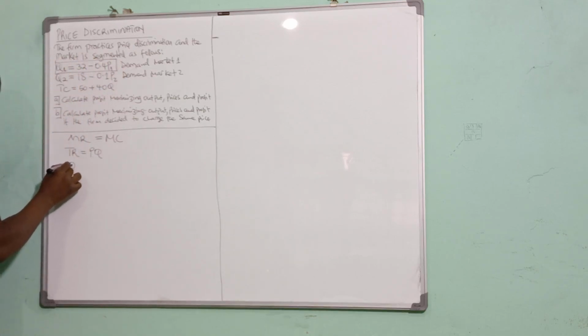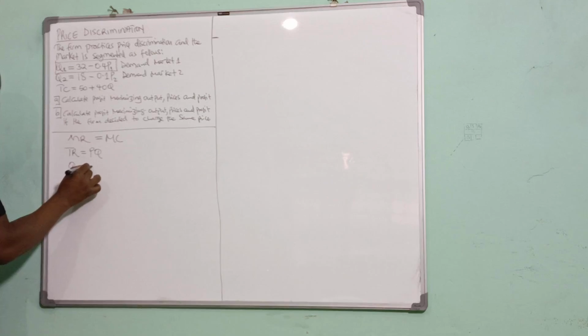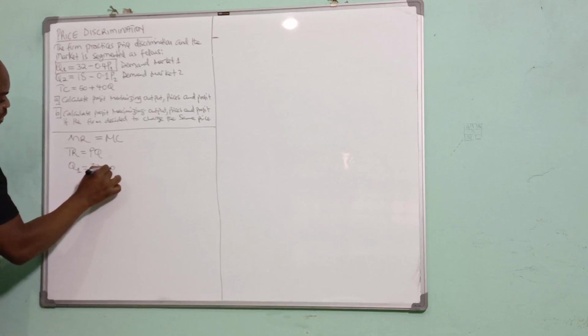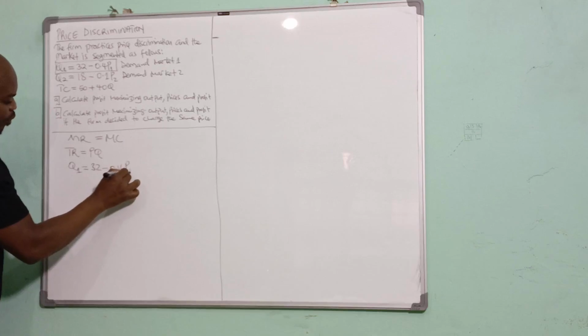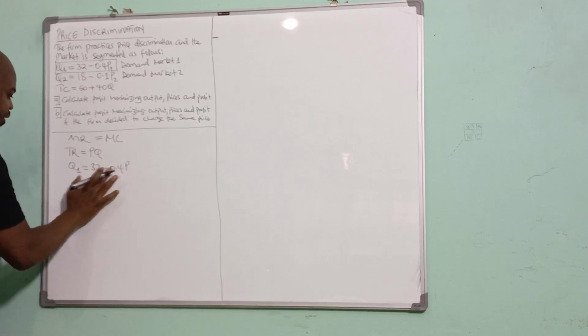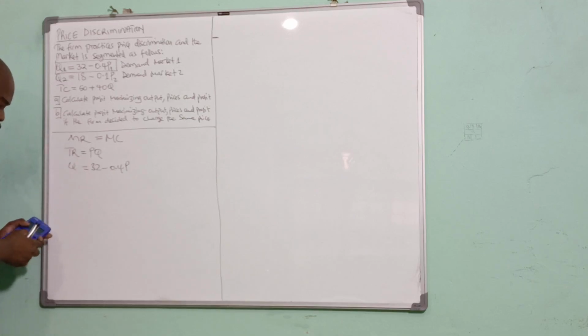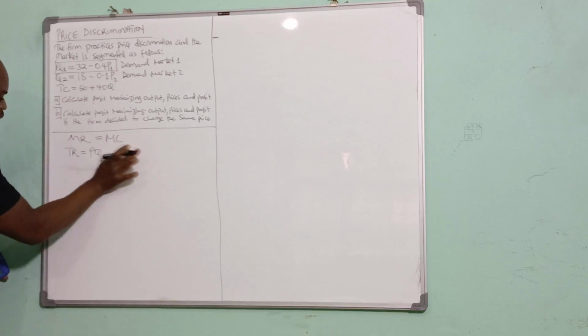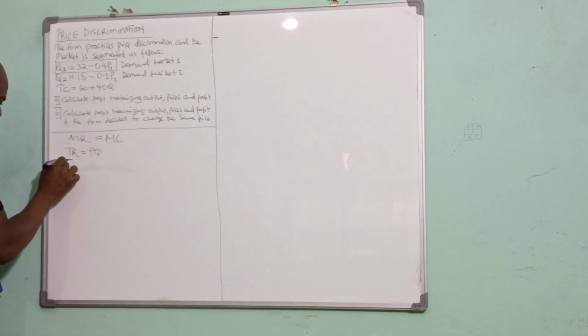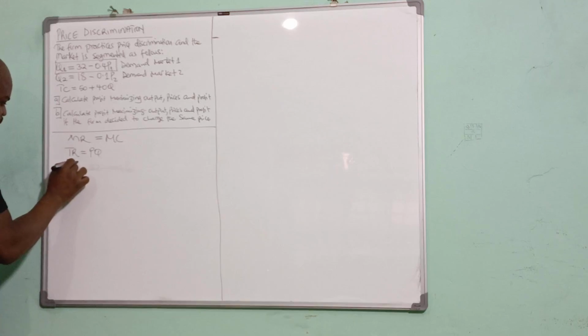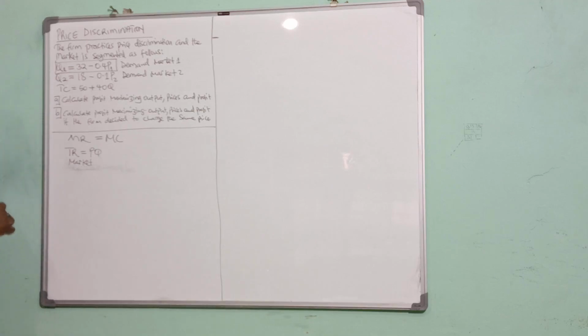So I'll say Q1 is equal to 32 minus 0.4 P1. I can remove the 1 there so that it just becomes P and Q, and then I can call this market 1, sorry, not firm 1. It's the same firm practicing price discrimination.